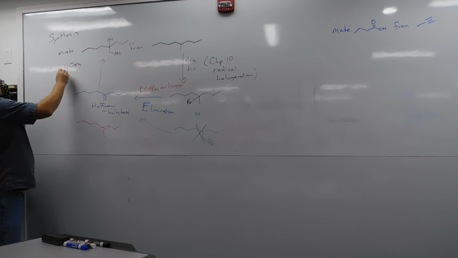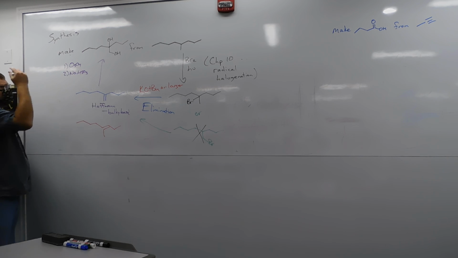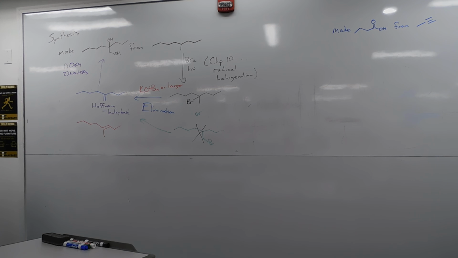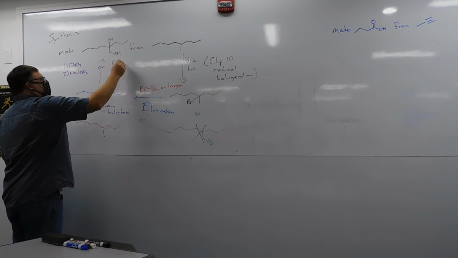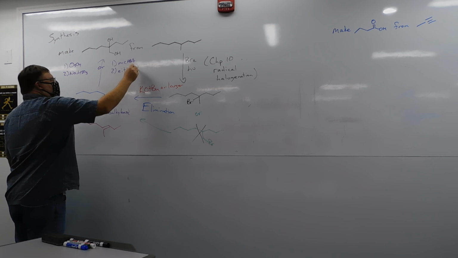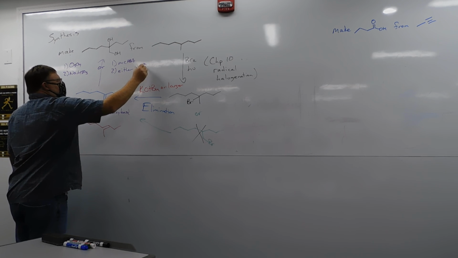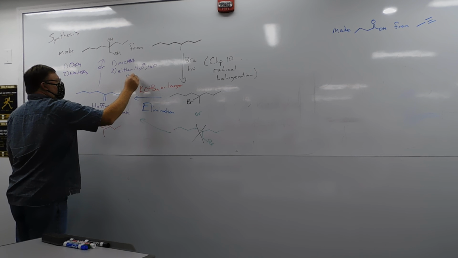The way this actually goes is osmium tetroxide and then sodium hydrogen sulfide or whatever. Or, on the other hand, you could do MCPBA and then either aqueous acid, or hydroxide and water.